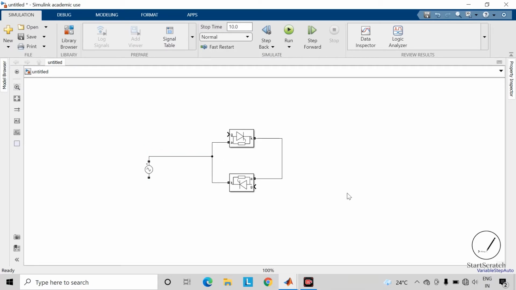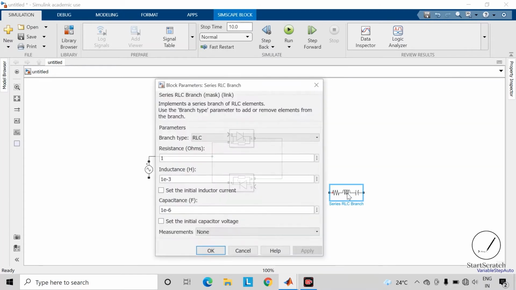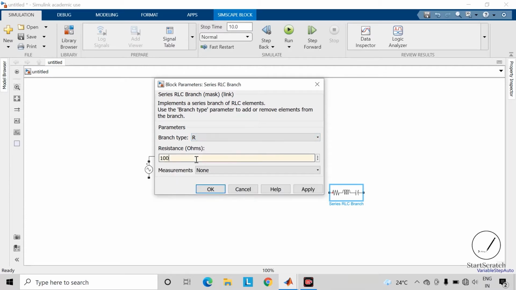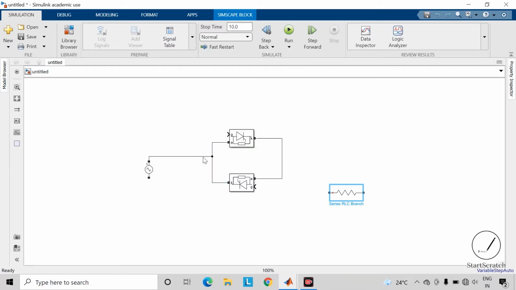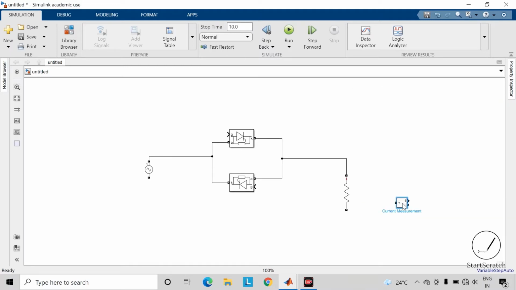Take series RLC branch. We will consider resistive type of load with resistance of 100 ohms. Connect this branch to this anti-parallel configuration and now take the current measurement block so as to measure the current flowing through this load.